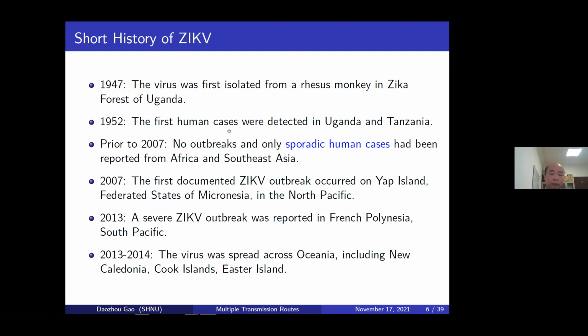There were only sporadic reported human cases for a long time. The first documented Zika virus outbreak occurred on Yap Island in 2007. Then in 2013, a serious Zika virus outbreak was reported in French Polynesia, and the virus rapidly spread across Oceania.